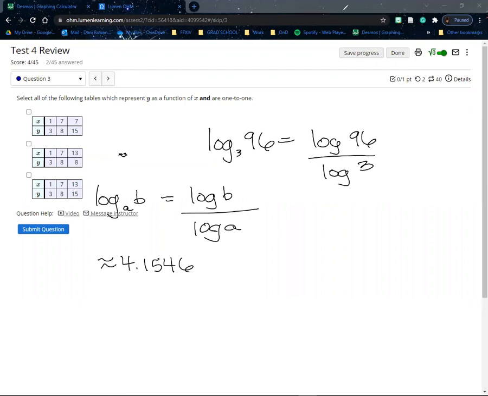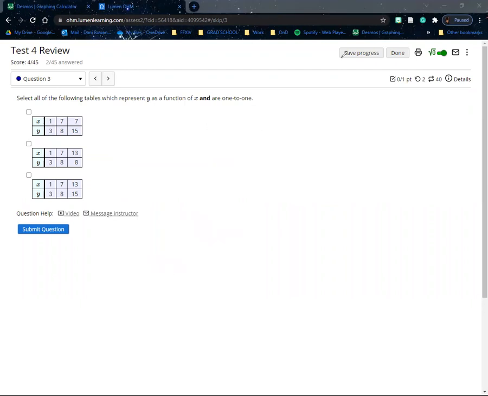Okay. Now we're looking at these tables, and we want to know which are functions and one-to-one. So if you're looking at these tables, which of these represent a function that is also one-to-one?